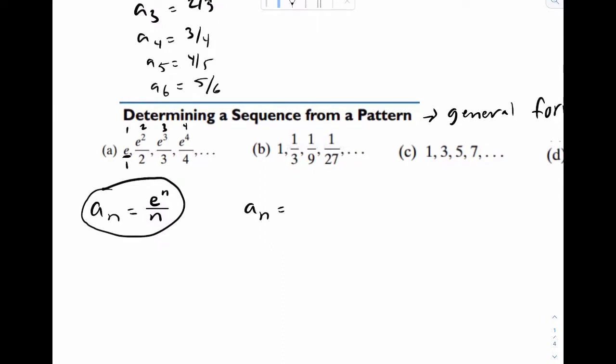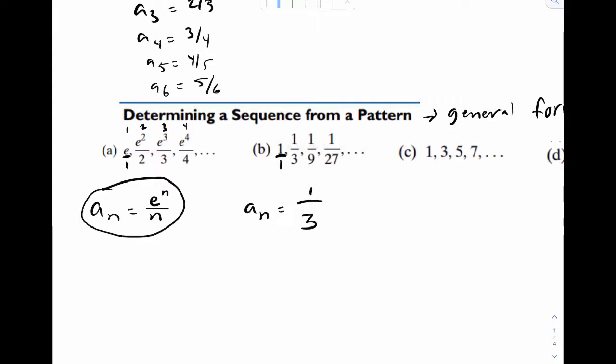A sub n. Now notice how these are fractions. Let's make 1 a fraction to look at it. Now I can see that there's a 1 in every denominator, which means I definitely want a 1 here. And this right here, we should notice it's powers of 3. So it's multiplying by 3 every time. So I can put 3.